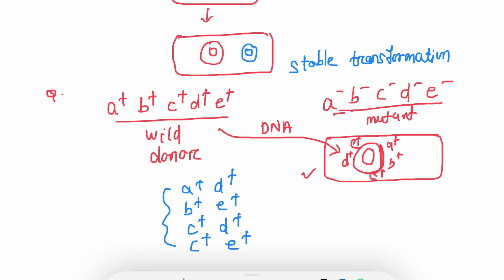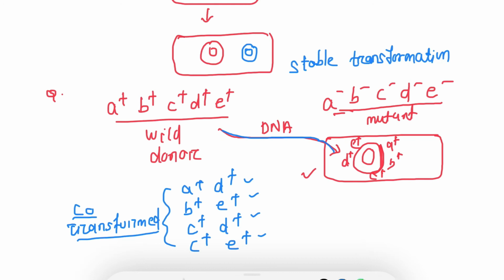These genes are co-transformed. Co-transformed means what? It means they transformed together. So when the genes are transformed from the donor to the bacterial cell, they are transformed together, which is known as co-transformed genes.